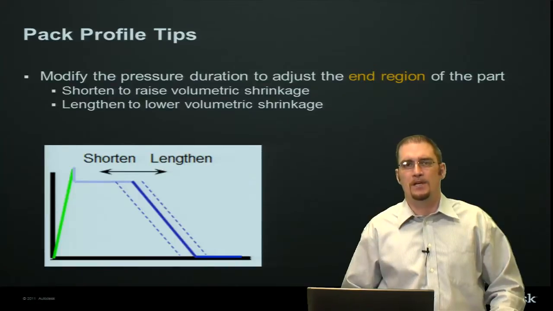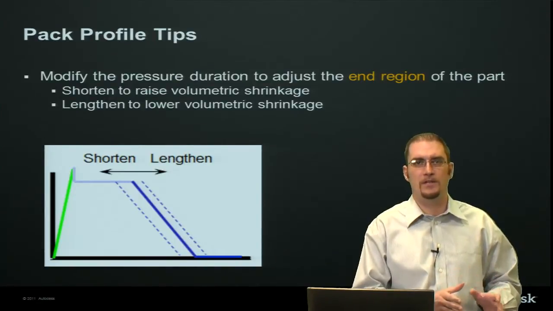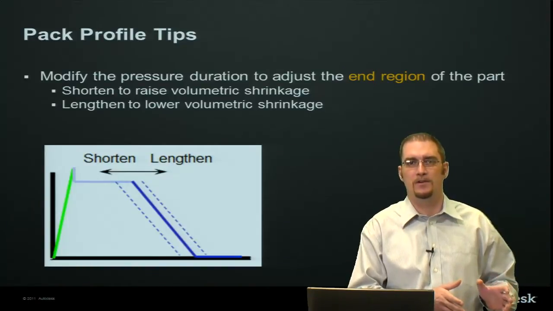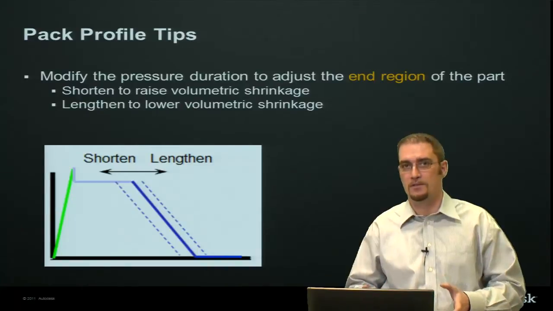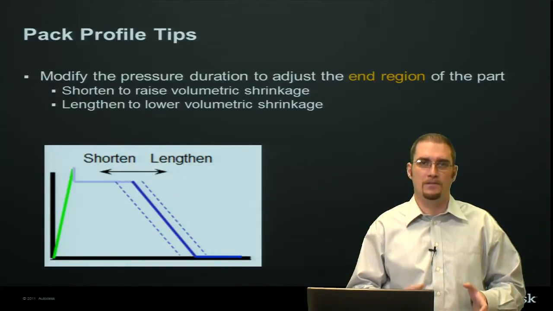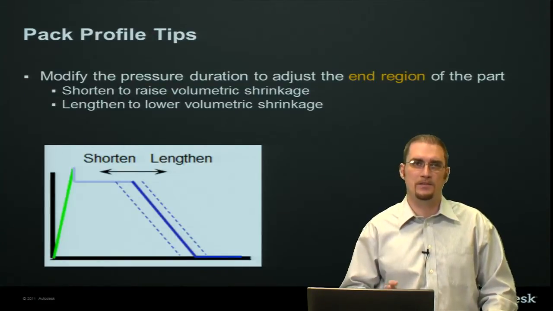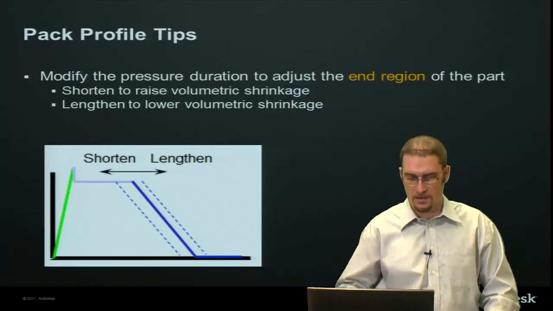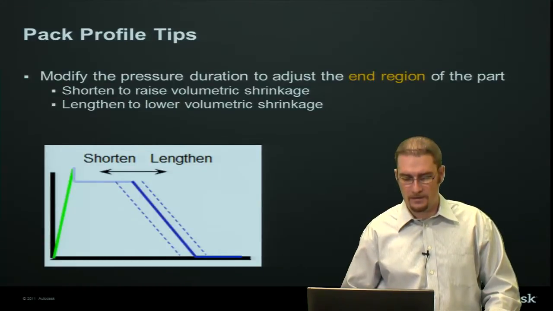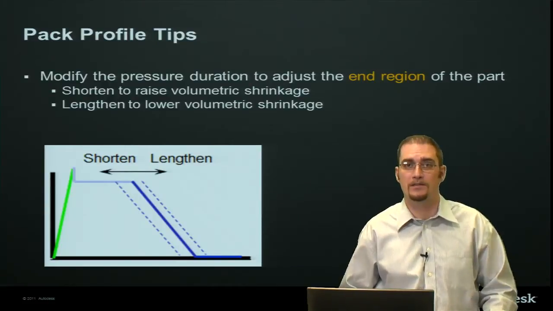We'll break them up into the end region, which is towards the end of fill, the last place to fill; the gate region, which is going to be around your gate; and then your mid region, which will be between the two in the part. These are just some little tricks that I was taught years and years ago about how we might be able to address shrinkage in these particular areas.